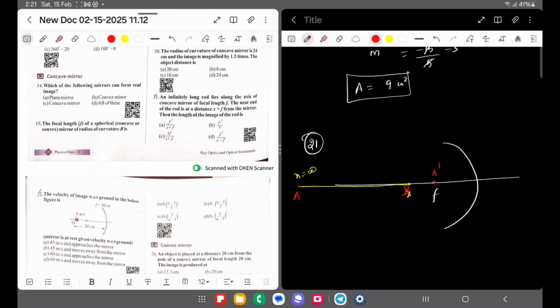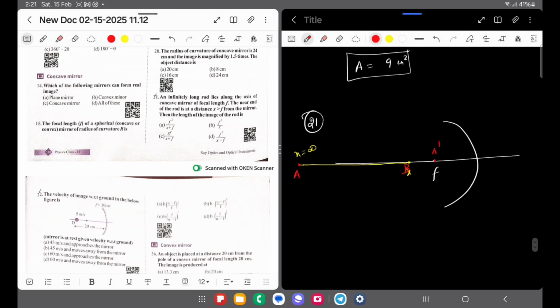B is located beyond F. Let me assume some distance arbitrarily. We can make use of the mirror equation here: 1 by v plus 1 by u equal to 1 by f.